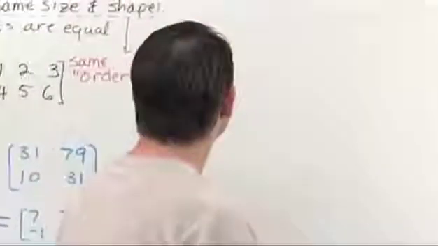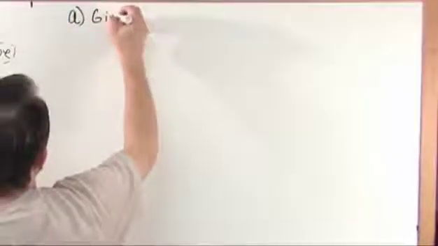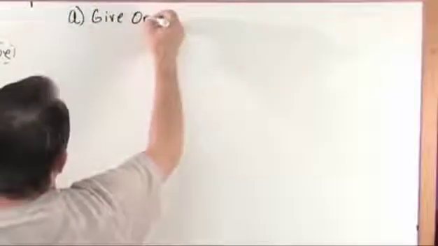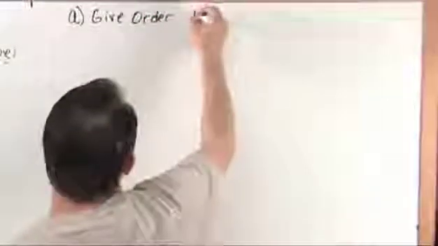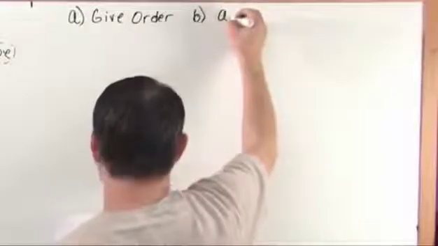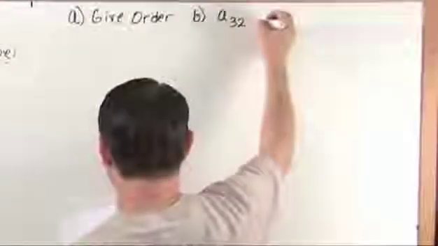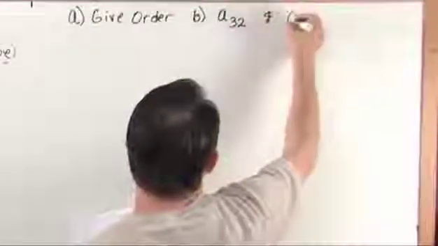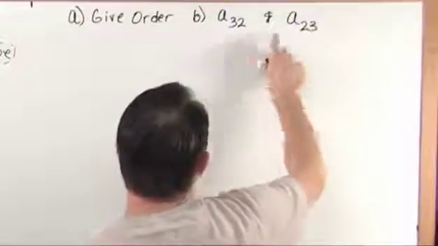So for the following problems here, let's do two things just to get some practice. Let's give the order of the matrix, and we want to find A sub 3 sub 2, and we want to find A sub 2 sub 3, if we can.